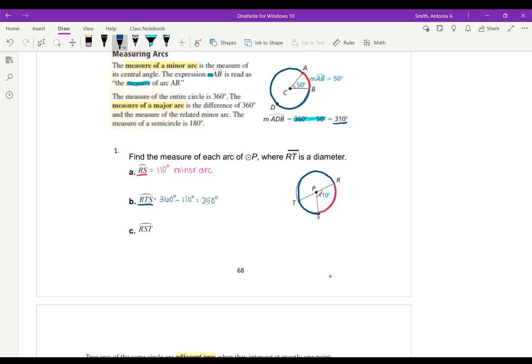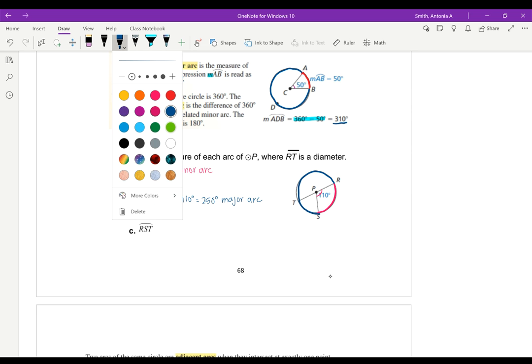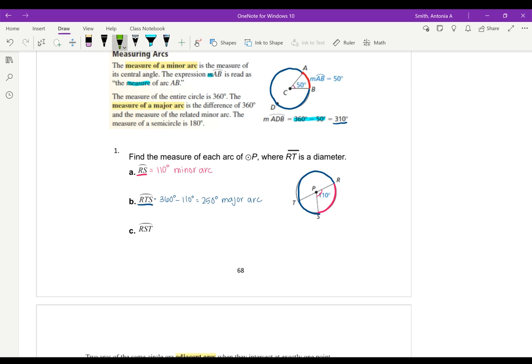And this is a major arc. Now the last one. It's similar to B, right? RTS. This one is now RST. So I'm going to go kind of on the outside here so you can still see my color. So from R to S and then to T.